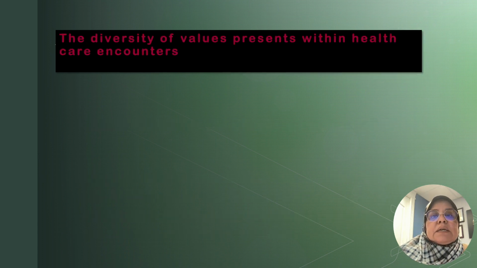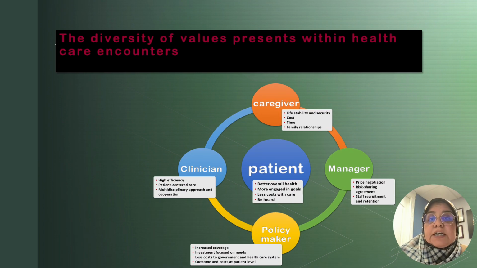The diversity of values is present within healthcare encounters, and so if we look at the values from the perspective of different people in a clinical encounter, we'll find that for example, for the clinician, the values could be high efficiency, patient-centered care, multidisciplinary approach, and cooperation with other colleagues. For a caregiver, it might be completely different. The values might be life stability, cost, time efficiency, and family relationship.